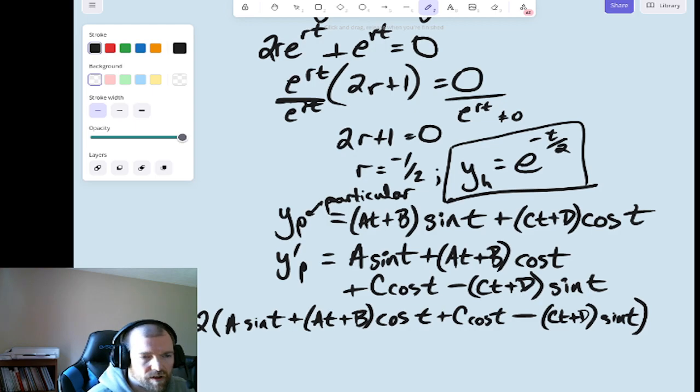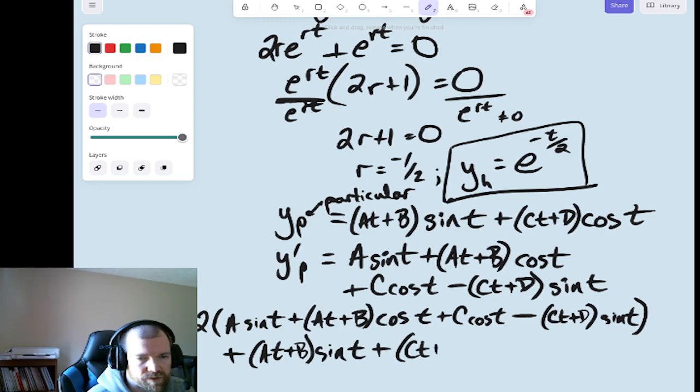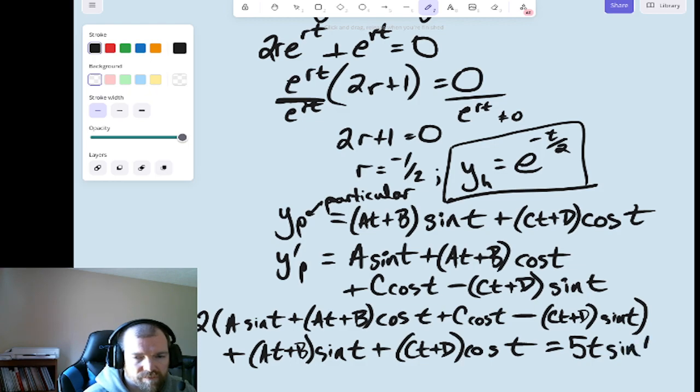Okay. Plus the original at plus b sine of t plus ct plus d cosine of t has to be equal to 5t sine of t.